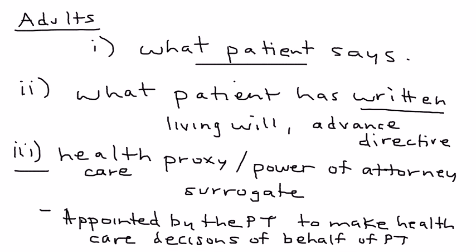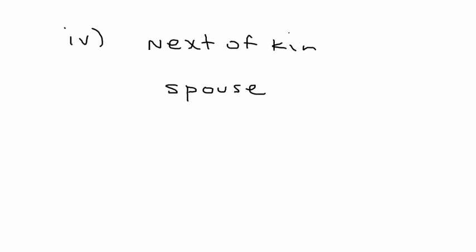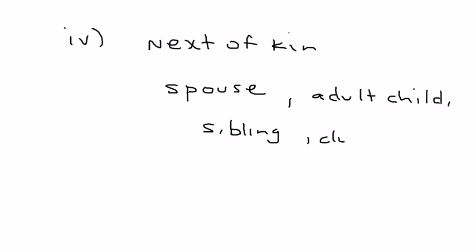Now what happens if there's no proxy or power of attorney? Then you go to the 4th, which is next of kin. Next of kin most commonly means a relative. Most common types of relatives are spouses, an adult child of the patient, a sibling, brother or sister, and sometimes a close friend if there's absolutely no other family around.